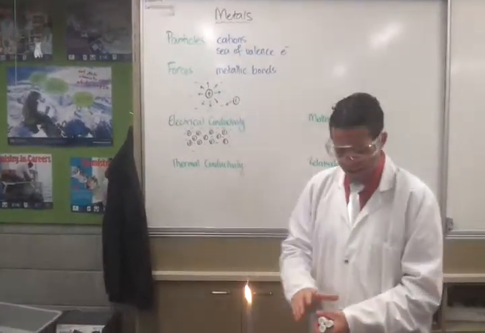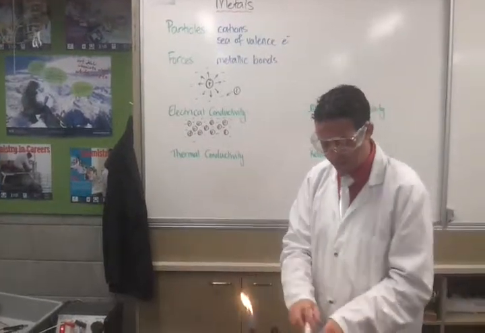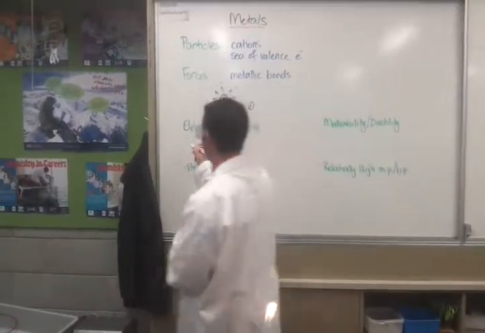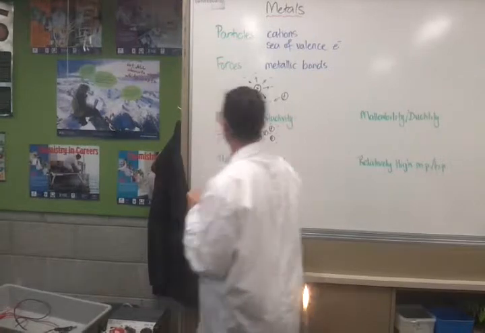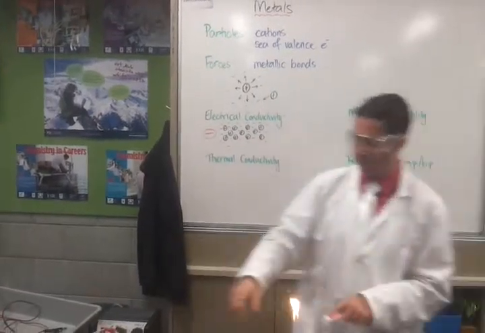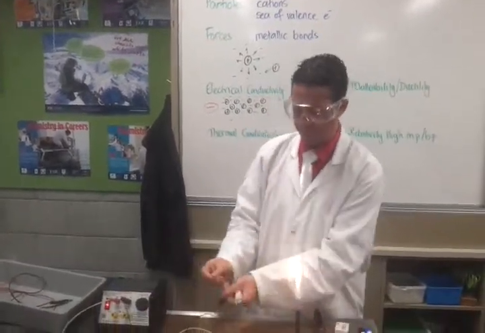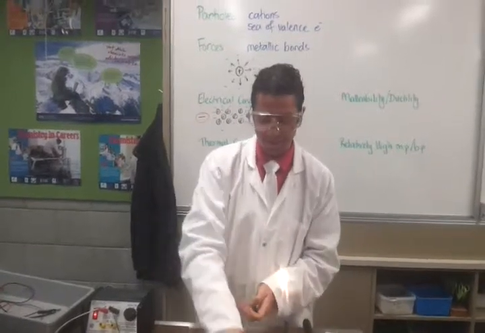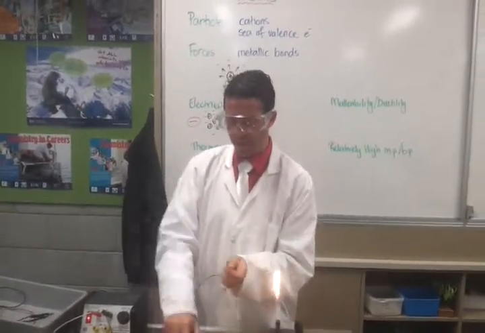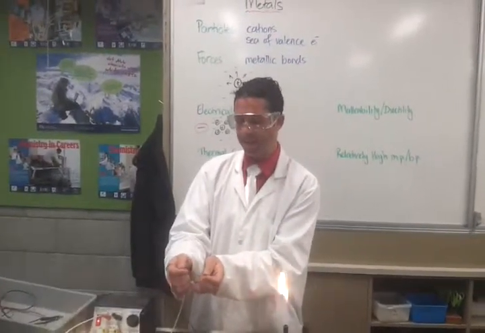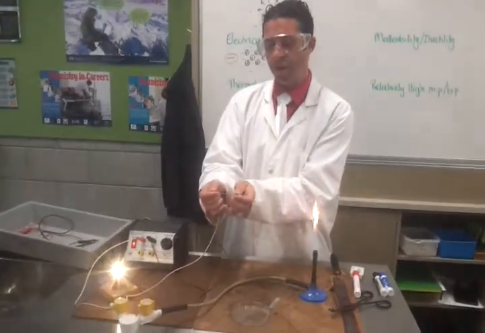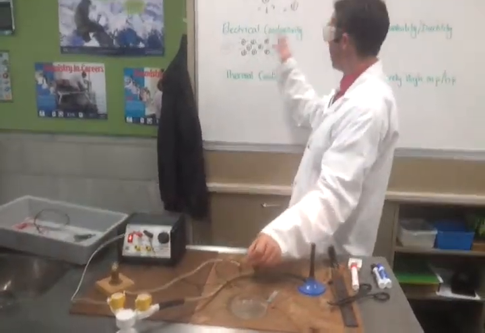If I add a negative charge over here, so I've connected it to the negative terminal of my circuit, then if the circuit's complete, what is it going to do to the particles in here?